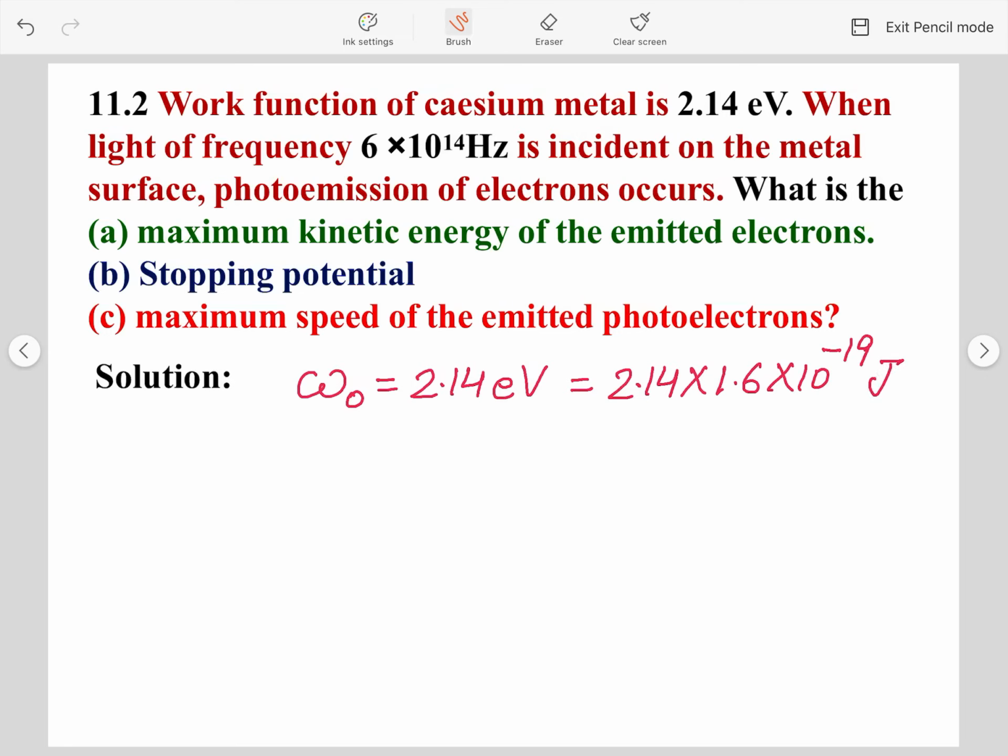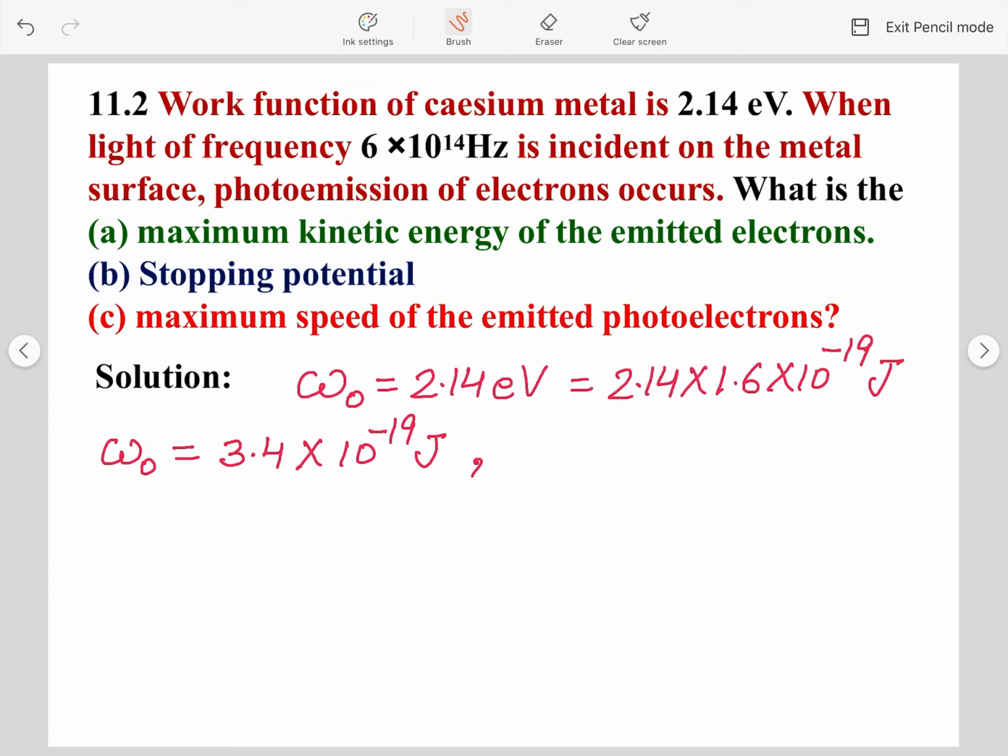Answer will be in joule. On solving we will get omega naught is equal to 3.4 into 10 raised to power minus 19 joule. This is given in the question.